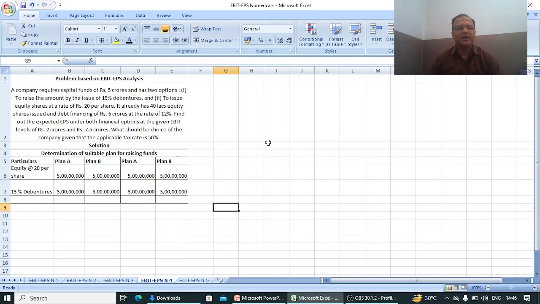So if we are adding and if we are not adding, results will be same, although there will be a slight change in calculation. So we are assuming that debt charges will be the part of both the plans, so there is no need to include.